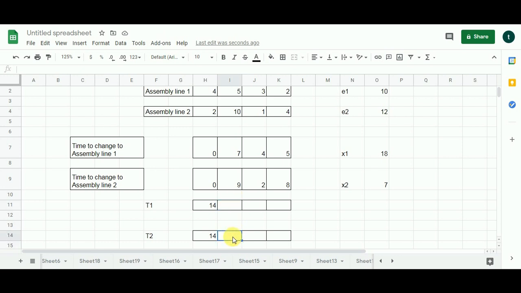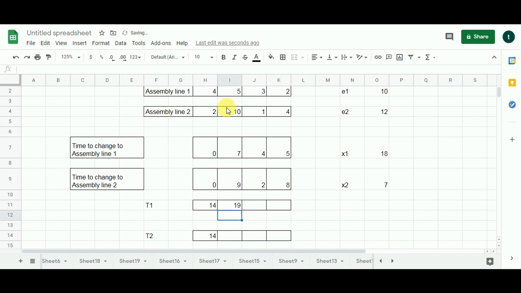We move to this second cell, which represents our second station in the assembly lines. At this station, the chassis can arrive from either assembly line 1 or assembly line 2. We have already discussed that in the problem. If it arrives from assembly line 1, then the total time taken will be 14 plus 5, which is 19. So this becomes one of our candidates.